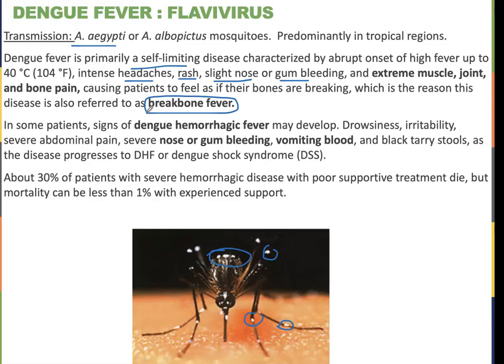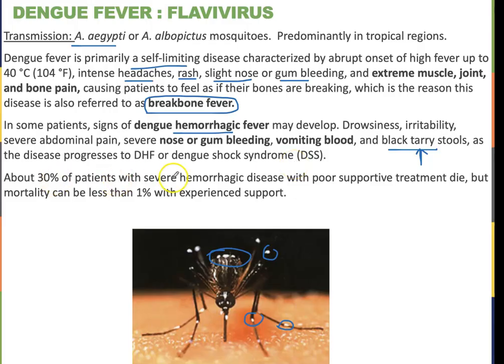In some patients, that dengue fever becomes hemorrhagic. So you're going to have more severe nose and gum bleeding. You're going to be vomiting blood. Black tarry stool indicates that you have bleeding in your intestines, and that's causing your stool to be black. And so it can also lead to shock, dengue shock syndrome.